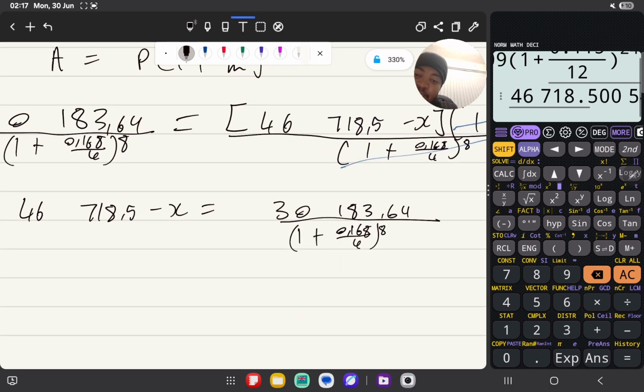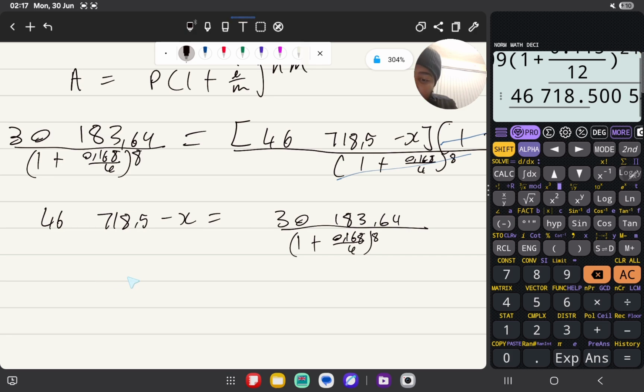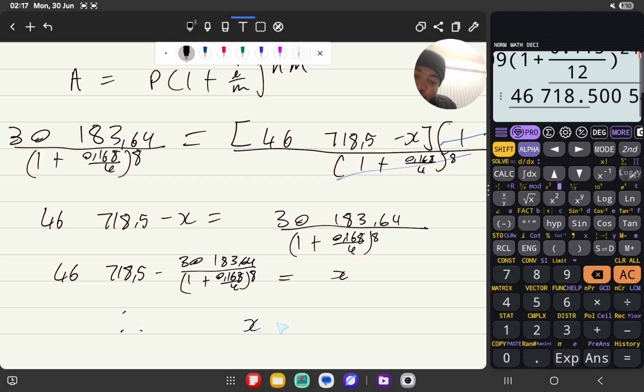Now we can transpose X, so we have 46,718.5 minus 30,183.64 divided by 1 plus 0.16848 equals X.